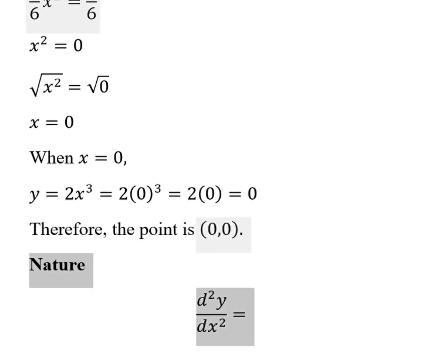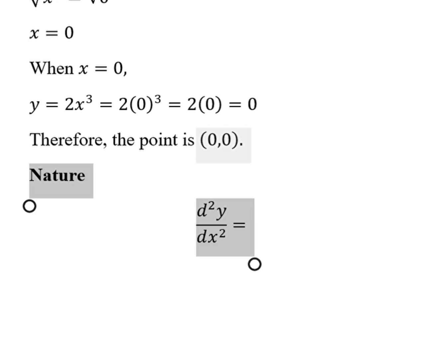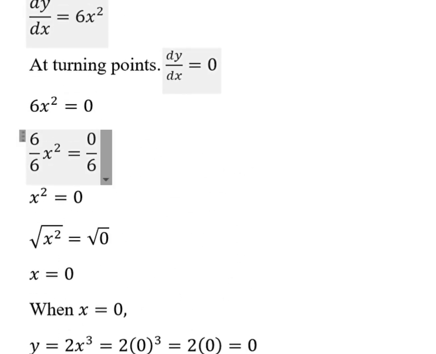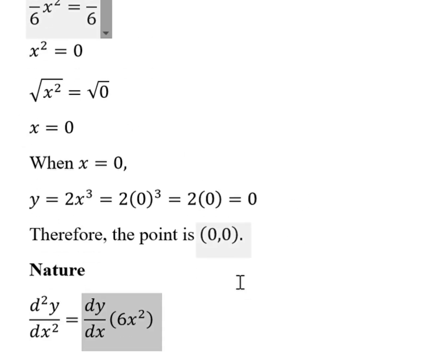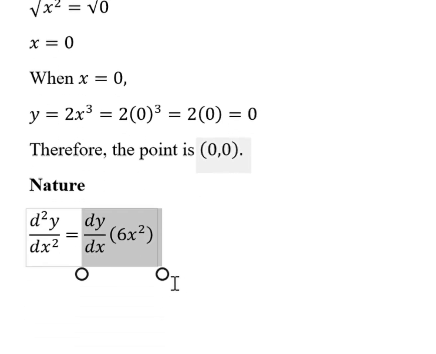We differentiate the first derivative that we have calculated up here. So we shall say d squared y over dx squared, that's the second derivative, is equal to the derivative of the first derivative. And if you differentiate this, of course, you get 12x. So that means d squared y over dx squared is equal to 12x.